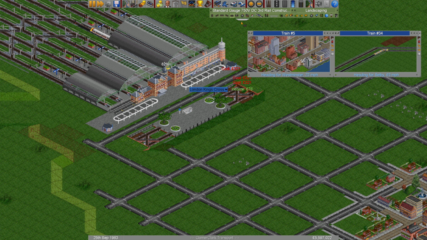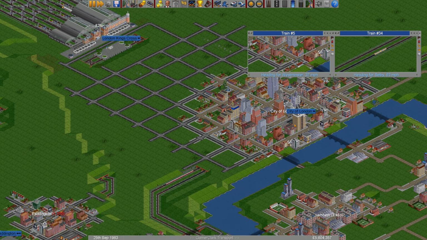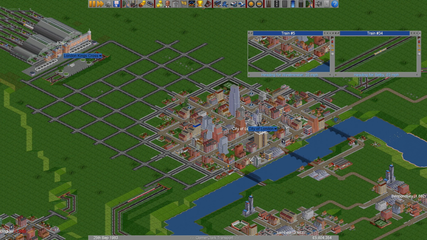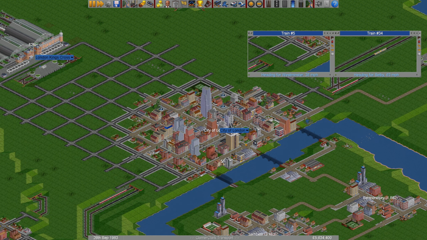I'll have a crisscross in there. I don't normally like crisscrosses, but we'll leave it in there, see how they're going. So there's lots of trains in here. They just seem really slow at the minute.